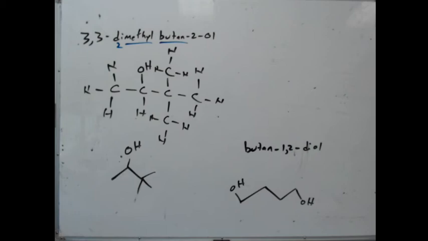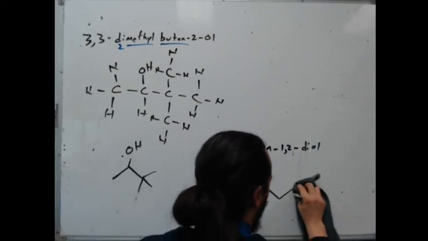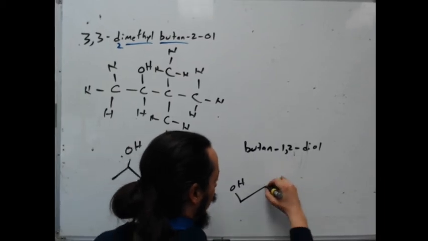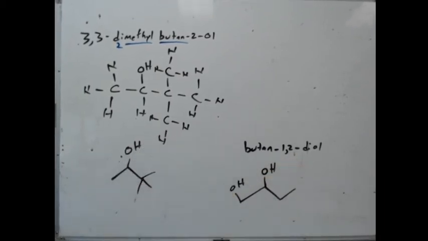So in that name, what does the 2 indicate? Oh, sorry, I made the wrong compound. It should be 1,4. I meant to write 1,4, because 1,2 would be a much more reactive compound than a 1,4.